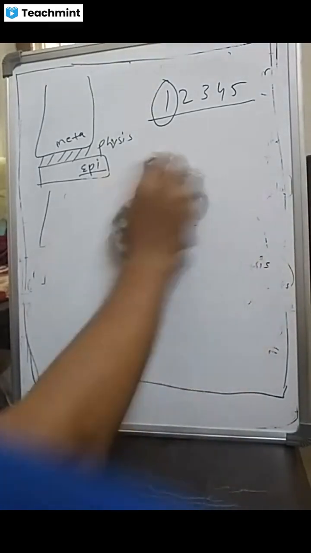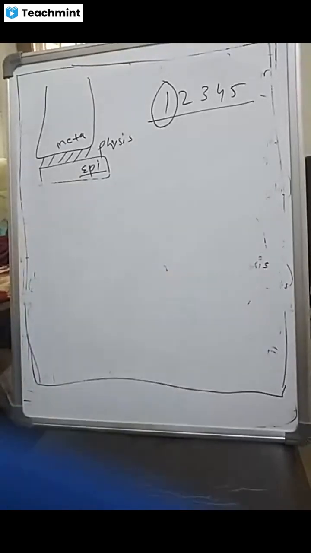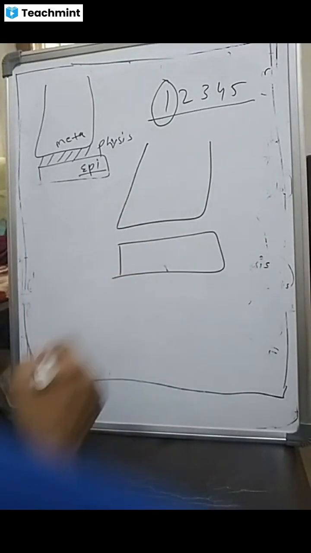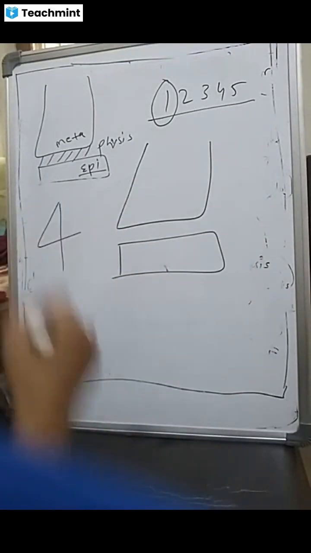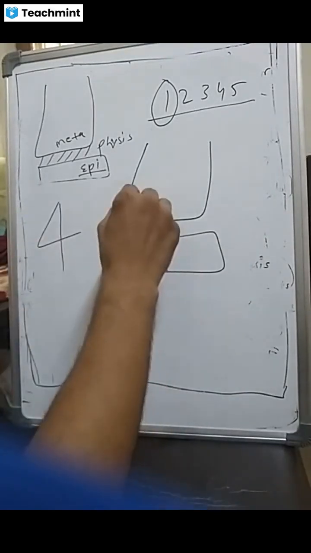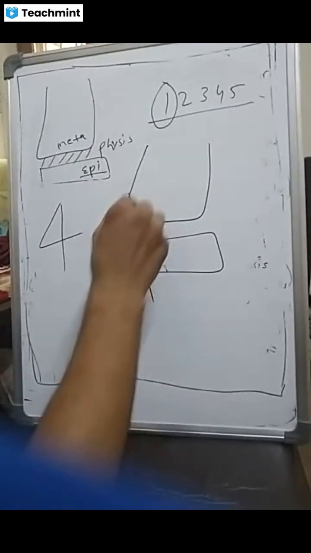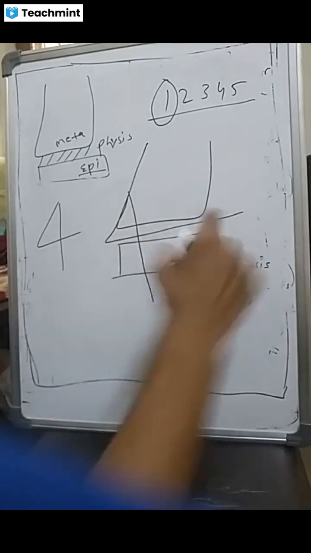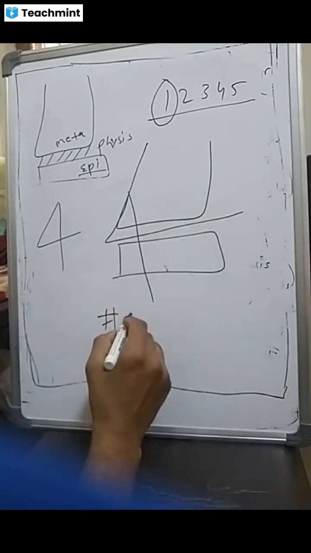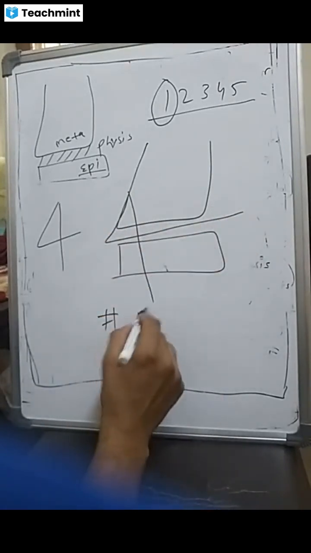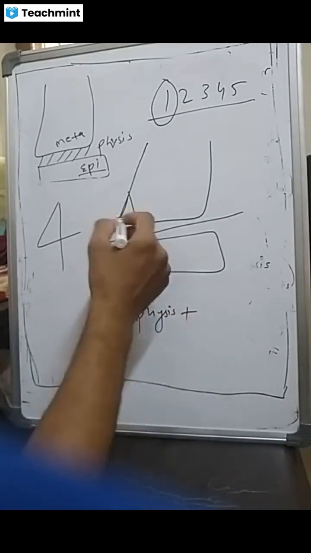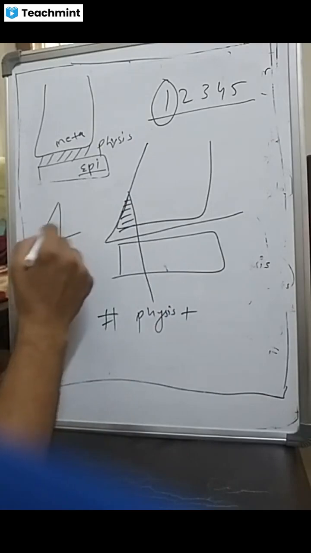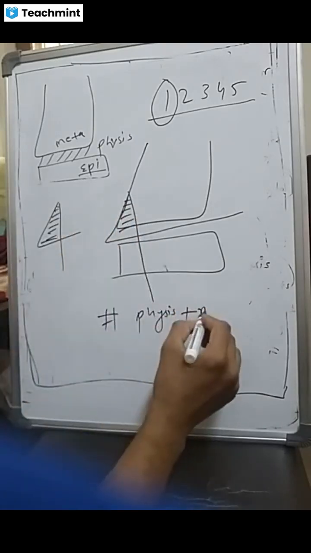In the case of type 4, the straight line means the fracture is through the physis, plus this part is entering the metaphysis.